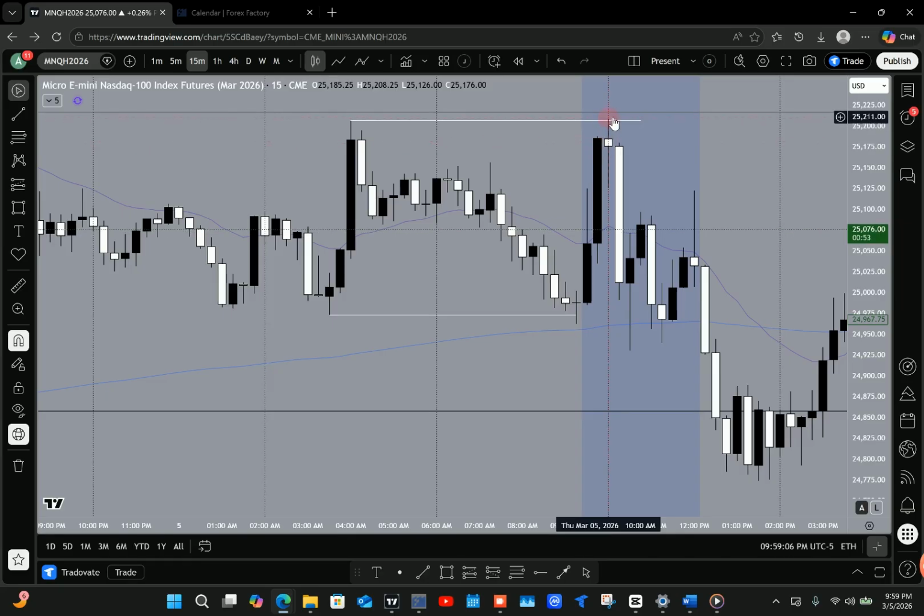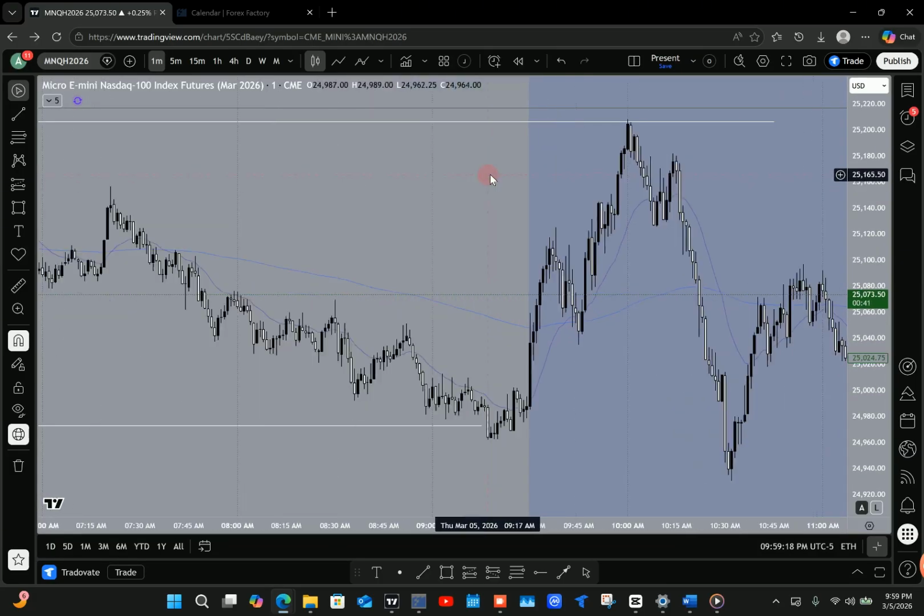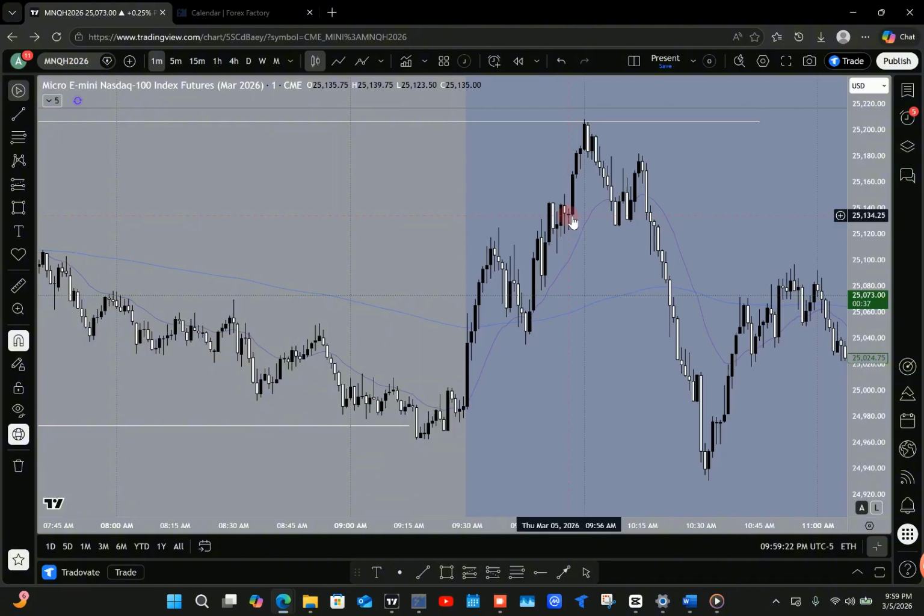All right, so once I see this respect happen, what I want to do is go to the 1 minute chart. Now this is where I gain my entry. So I take order block entries, and just as a quick point, an order block is the series of up candles that took out a major level of liquidity or a key level, or went into an area of interest.